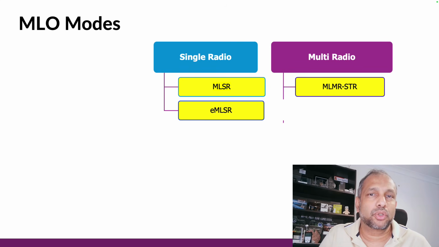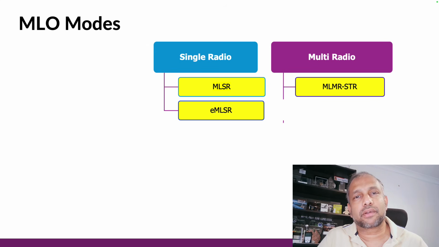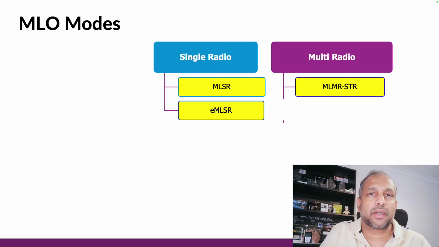Why? Because an access point should be able to transmit and receive on each radio, like 2.4 GHz, 5 GHz, 6 GHz, independently. So APs will always fall into that category. If your access point supports Wi-Fi 7, that AP should be able to independently operate those three radios.